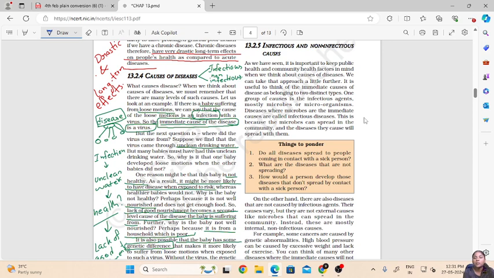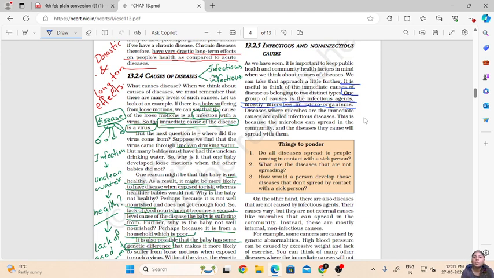So now it is useful to think of the immediate cause of diseases as belonging to two distinct types. One group of causes is the infectious agents, where mostly microbes or microorganisms are the causative organisms.